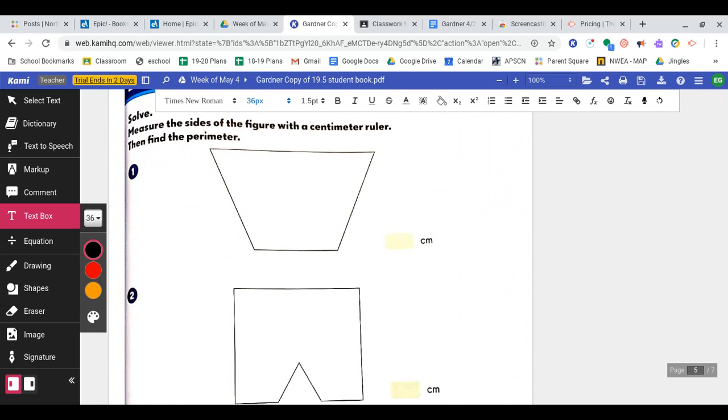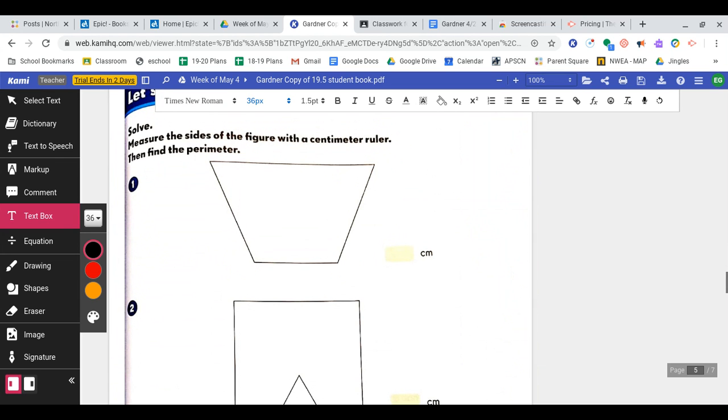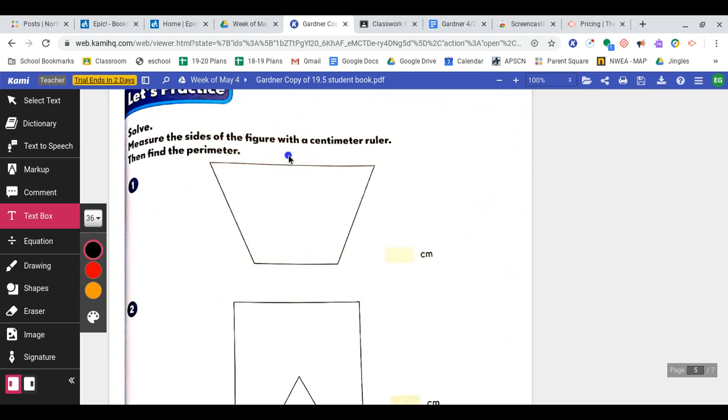Okay, finally, we will measure the sides of each figure and then add them up for our perimeter. You should do this with a ruler. I'll give you the length and width of each side here.